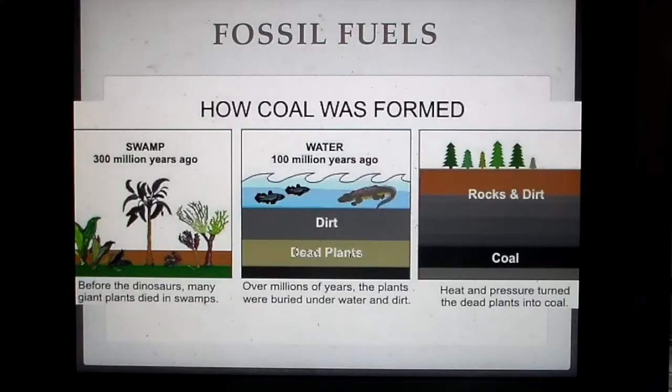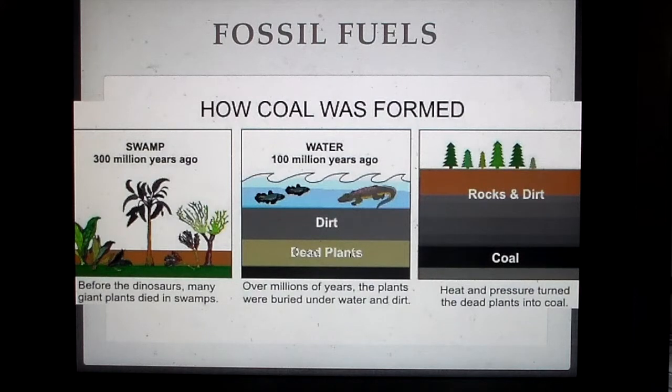So the way fossil fuels work is there was 300 million years ago, before the dinosaurs, this is very key, before the dinosaurs were ever on the planet, there were all kinds of giant forests with all kinds of plants. And a lot of those plants died, and particularly in areas that were swampy, where there was a lot of water. These plants and animals, they died.